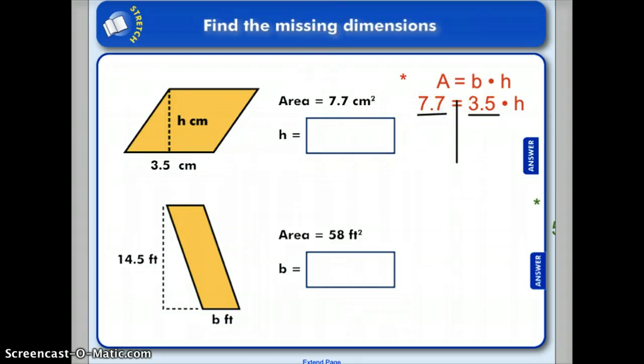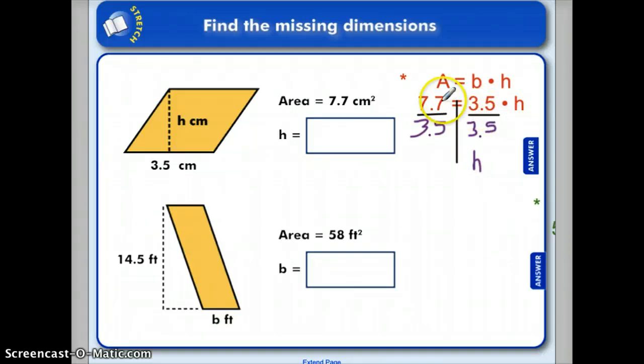Oh boy, I have to write. Look out. It gets really sloppy here. 3.5. Can you read that? I hope so. So divide both sides by 3.5. So right here, that equals 1, and 1 times h, we now have h.